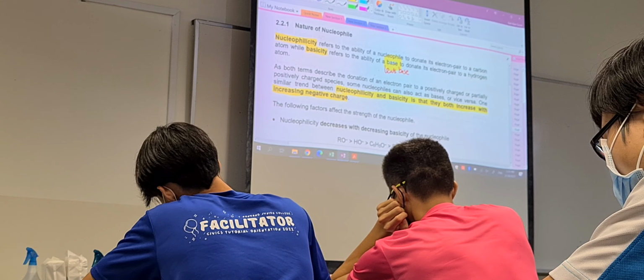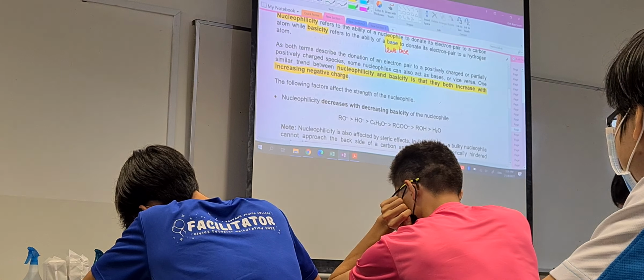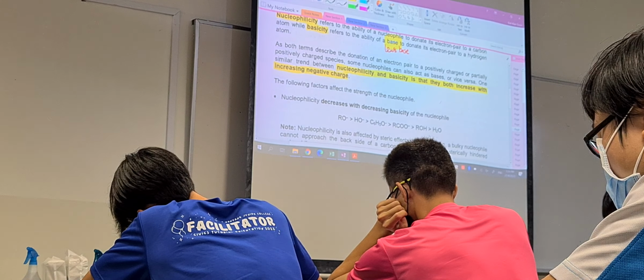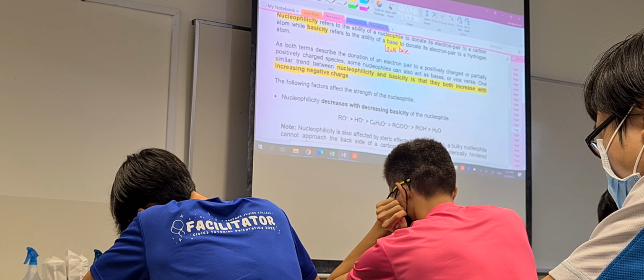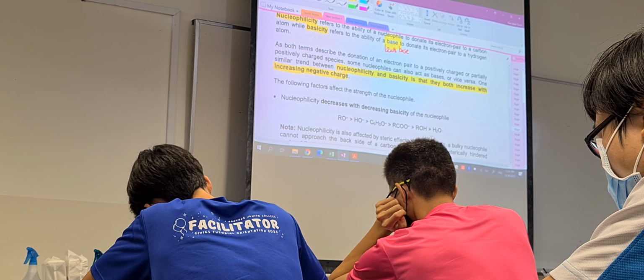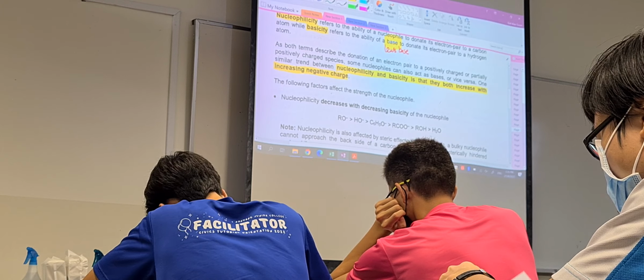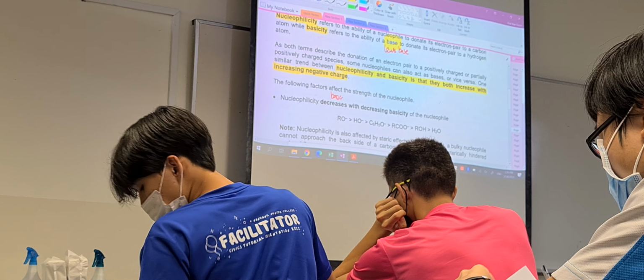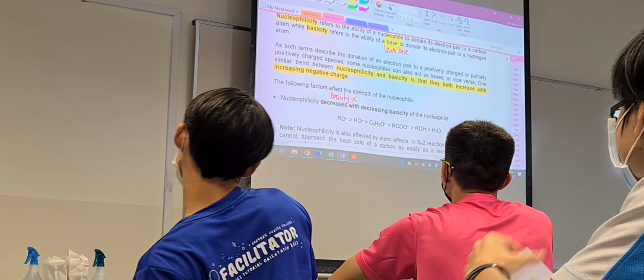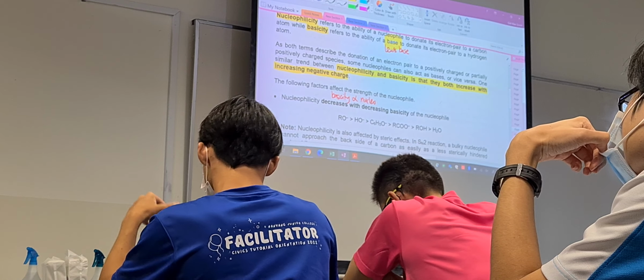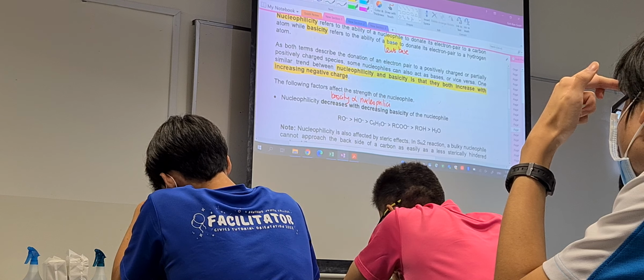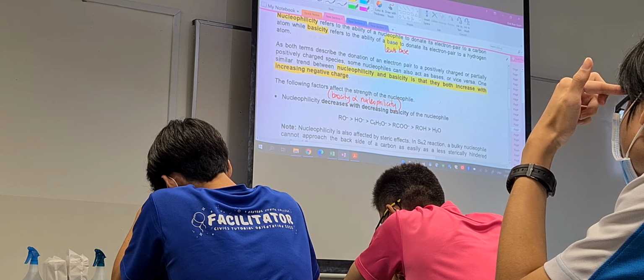You should be able to realize this. For example, in the first bullet point there, nucleophilicity decreases with decreasing basicity. In other words, I'm telling you, basicity is proportional to nucleophilicity. They are proportional to each other.